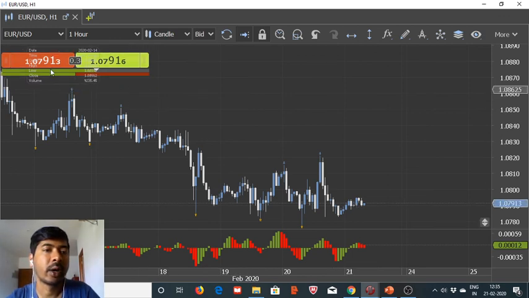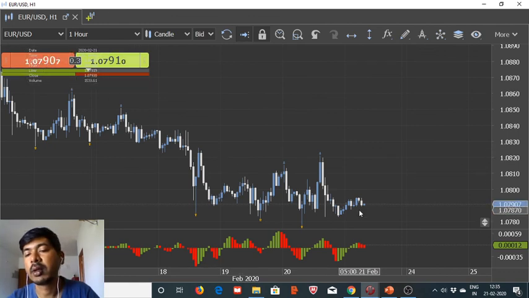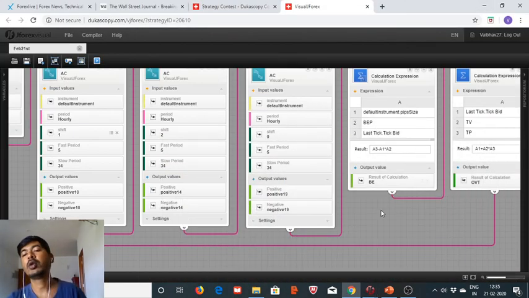So suppose now the market price is 1.0791, then the 5 pips will be deducted and the order will be placed at 1.0786. So this is the trade setup for the day, and we will continue with this trade setup.